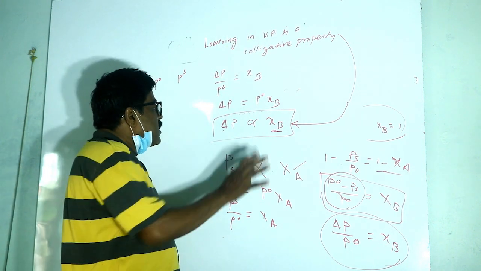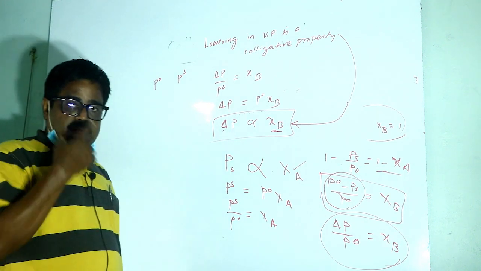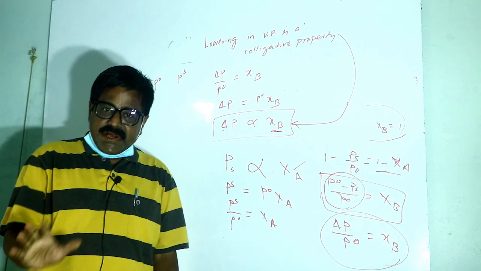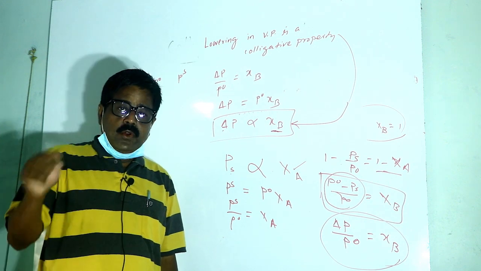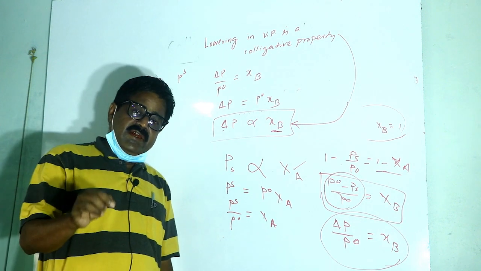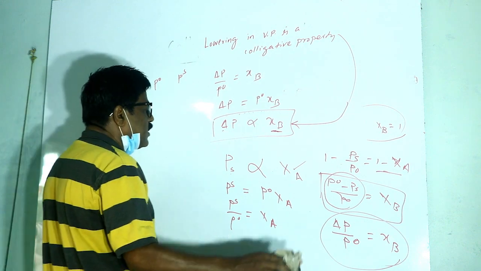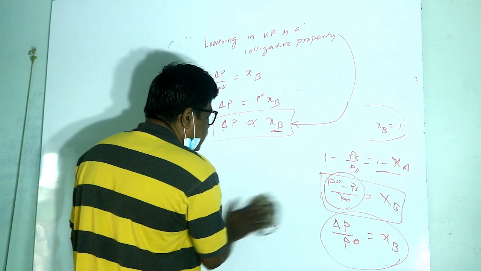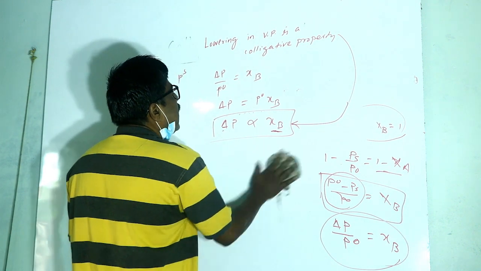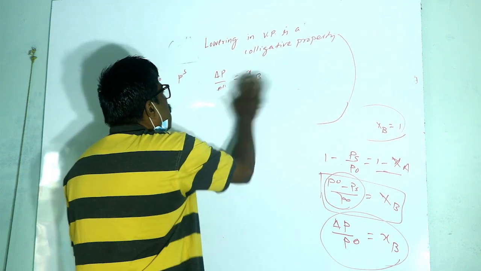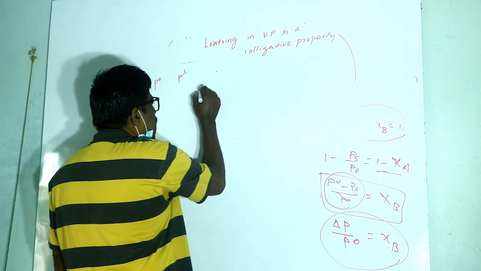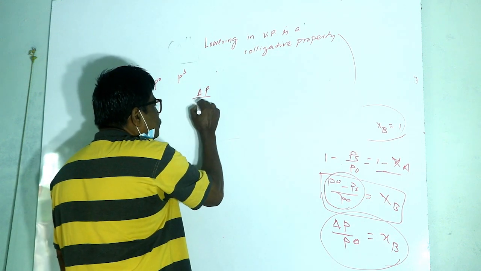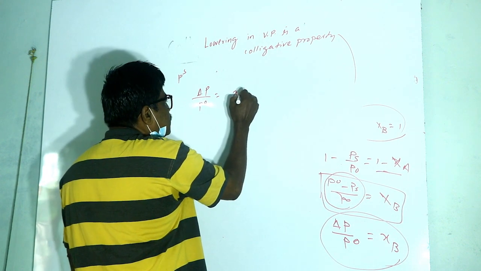Now, from this lowering in vapor pressure data, we can calculate the molecular mass of that non-volatile solute present in that solution. How to calculate the molecular mass? Here we can simplify again. XB, we know, is the mole fraction of the solute. Here del P by P0 is equal to XB.